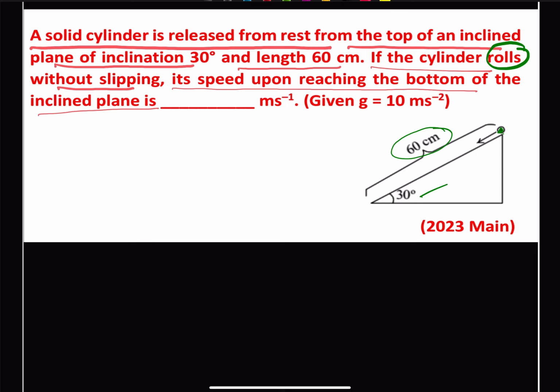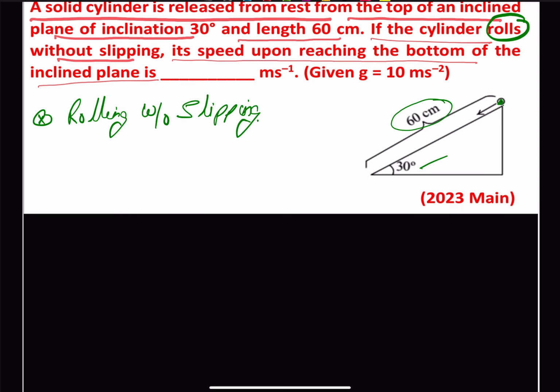So we can say that we are having rolling without slipping. Which means that, let us suppose h is the height. It starts from rest, so at this point we are going to have only the potential energy.